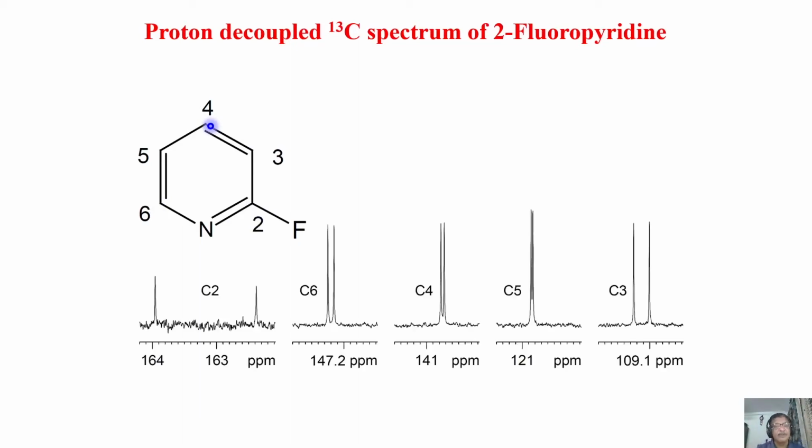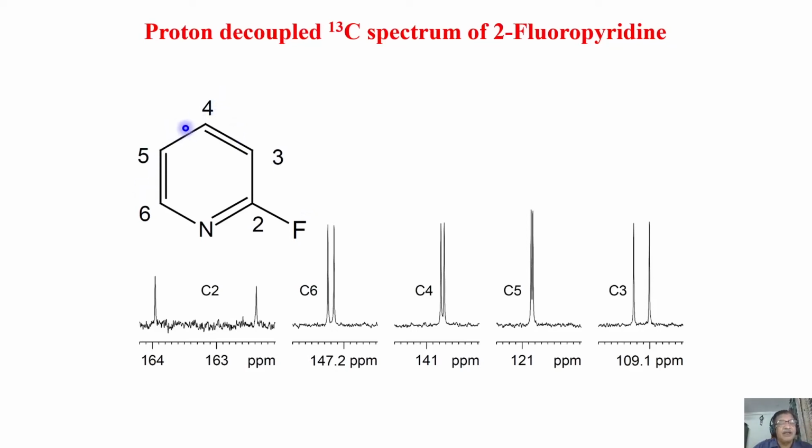Look at this one. This is a carbon spectrum. First is carbon 2. In the proton decoupled spectrum, all the couplings of the protons attached to these carbons are removed. We are experiencing only fluorine carbon couplings here. So you don't have to worry about protons at all.